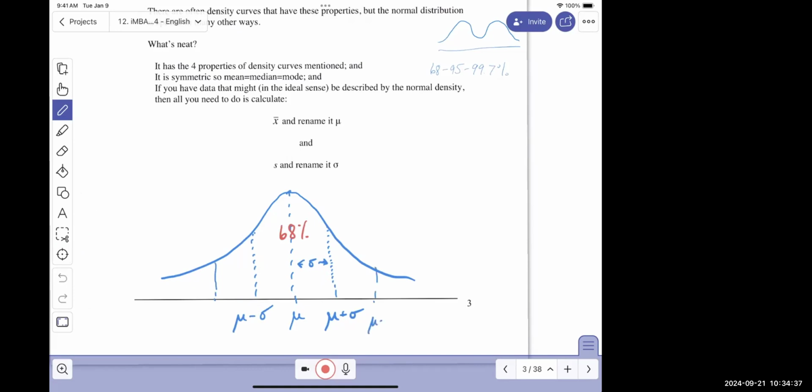So we write that as 2 sigma, and on this side minus 2 sigma. That's 2 standard deviations, and that covers 95% of the observations.